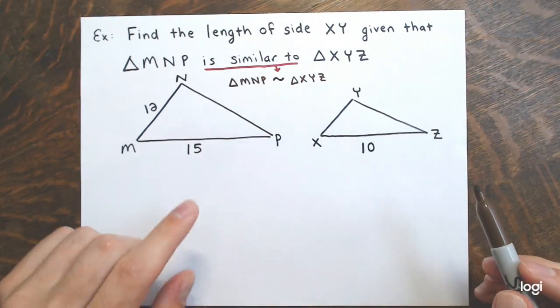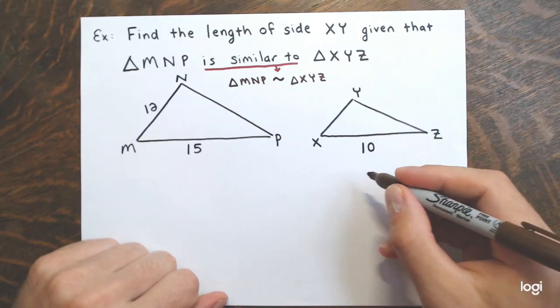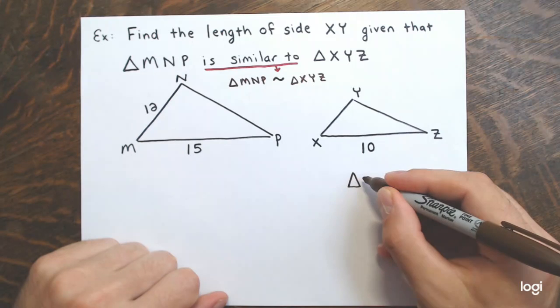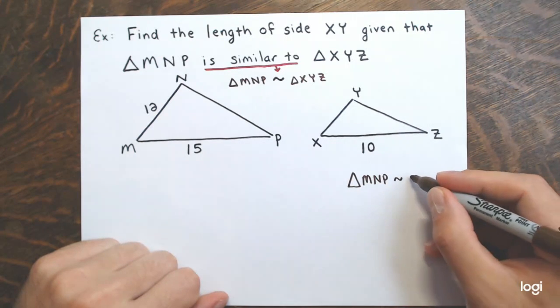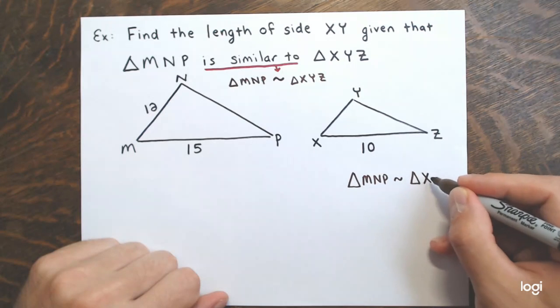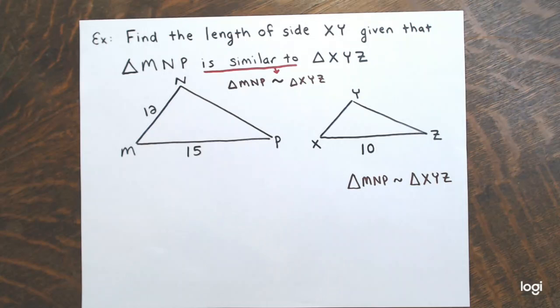Now how your figures are named is very important. When you say that triangle MNP is similar to triangle XYZ, pay attention to the way they're named. This means several things.